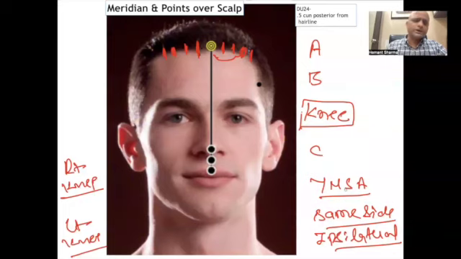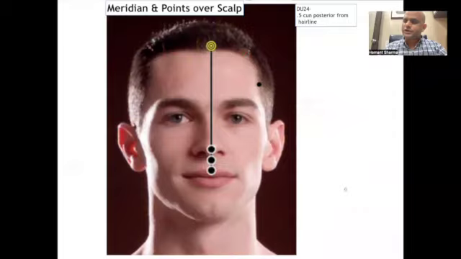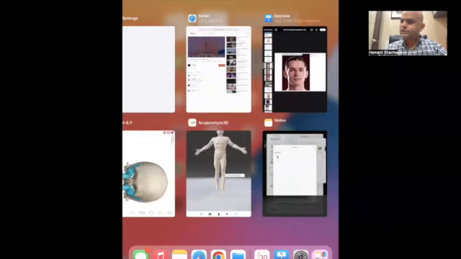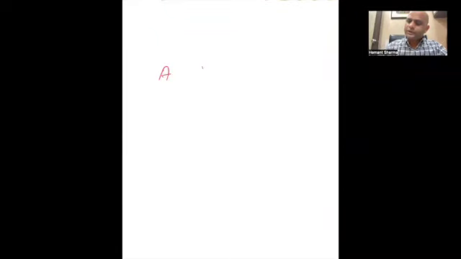Now, this concept is very simple. The A, B, and C. Regarding the A, B, and C, it's very easy to understand. Look here, I will show you. The point A, point B, and the point C. The point A is for head and neck.